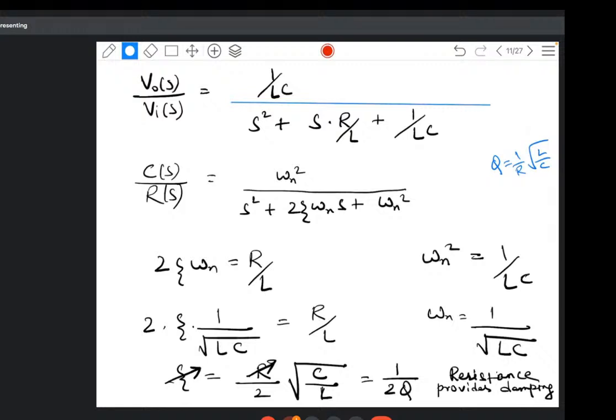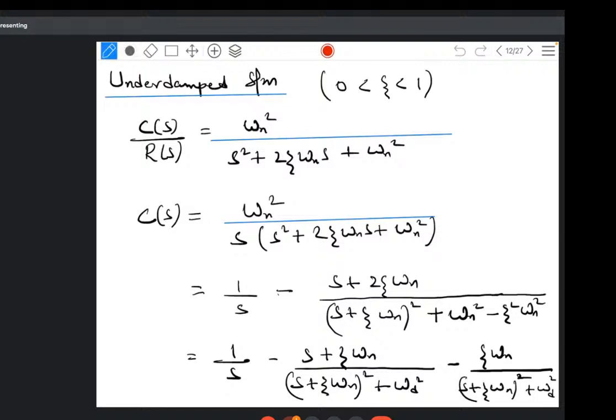Just like in the first order system, if you remember, I found the response c(t), which was nothing but K into 1 minus e to the power minus t by tau.